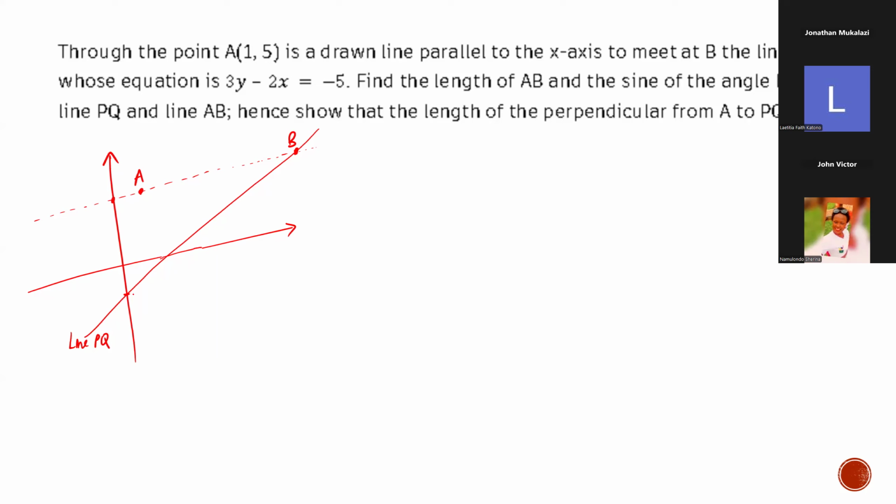Let's call it point N. So we could find NB, and if we call this point F, then FN divided by NB. Yeah, I think we could do that to find the sine of the angle.